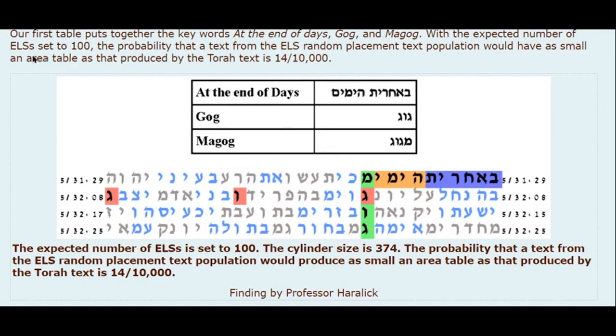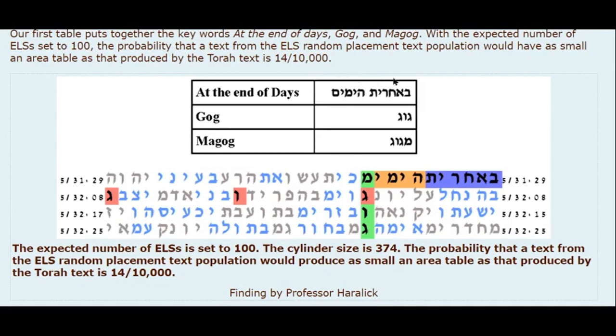ELS, as mentioned many times, is equidistant letter sequence, from letter to letter, the same skip of letters. The probability that a text from the ELS random placement text population would have a small an area table as that produced by the Torah text is 14 to 10,000, which is really 1.4 in thousands.